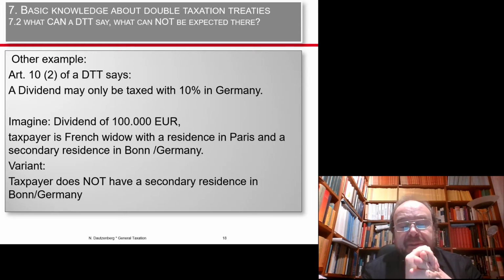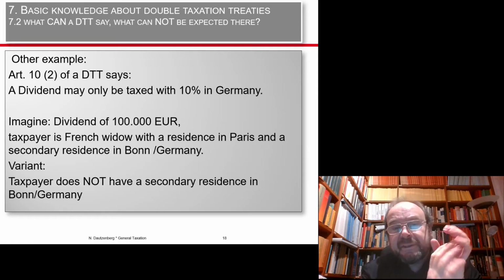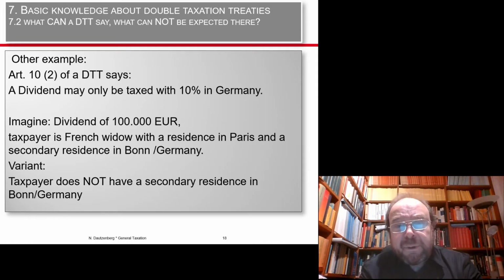If our taxpayer didn't have a secondary residence in Bonn, Germany, nowhere in Germany, then the rules of limited tax liability would apply, and the dividend would be taxed under the rules of limited tax liability, again with a withholding tax of 25%.